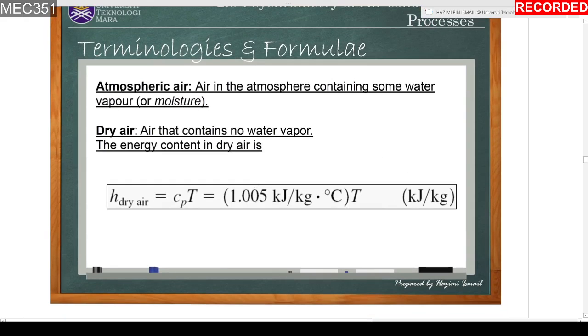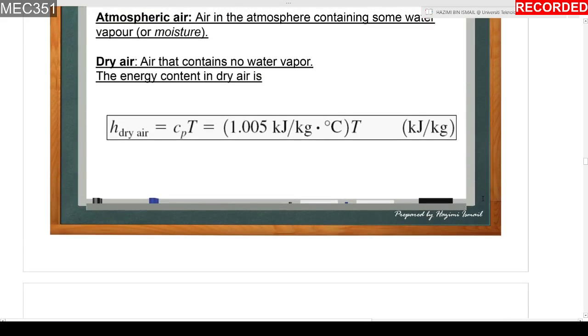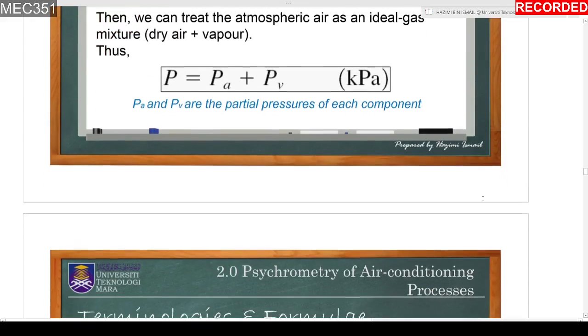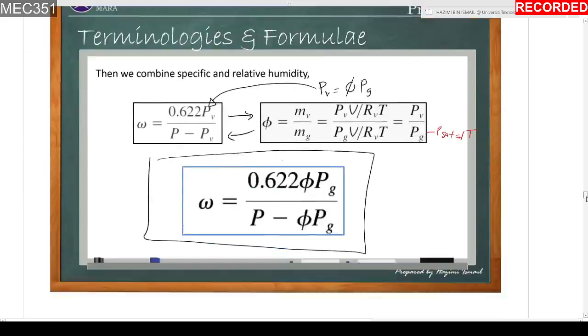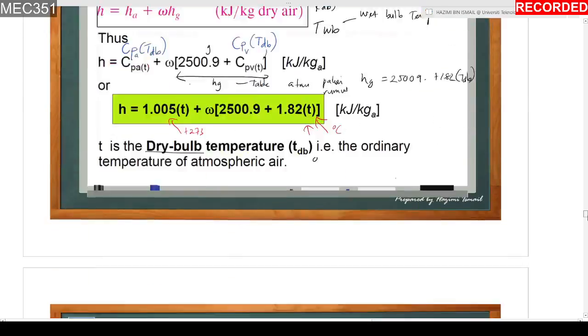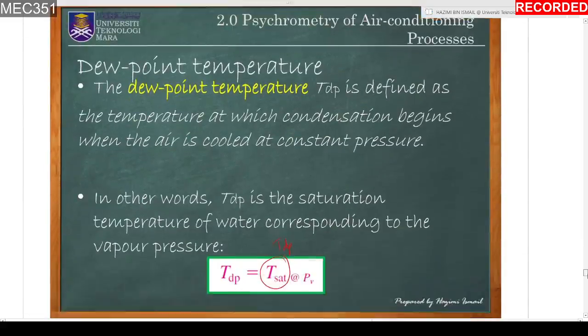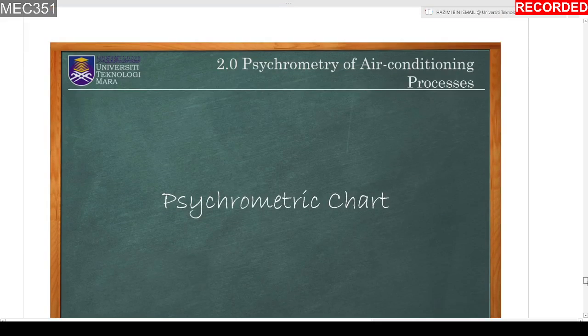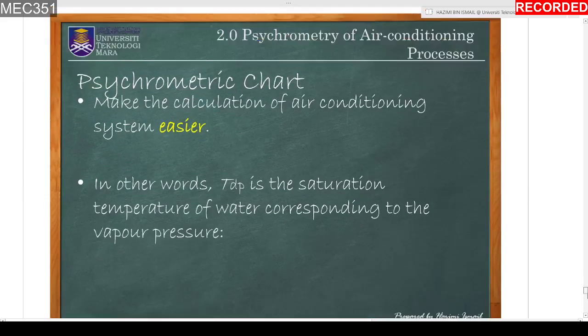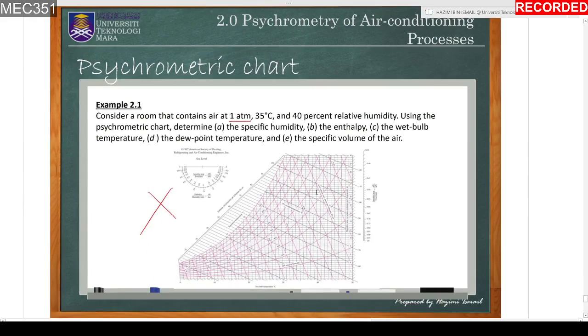You have all these notes in front of you. You have print it out, and I will show you the example. Okay, one more thing, please download and print the psychrometric chart. Okay, this is psychrometric chart. You can find in the internet.